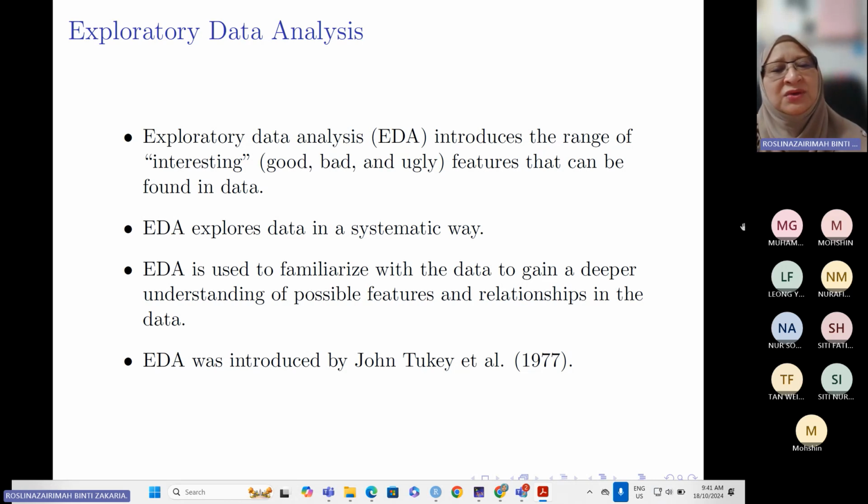EDA explores data in a systematic way. It was introduced by John Tukey et al. It is used to familiarize ourselves with the data to gain a deeper understanding of possible features and relationships in the data.